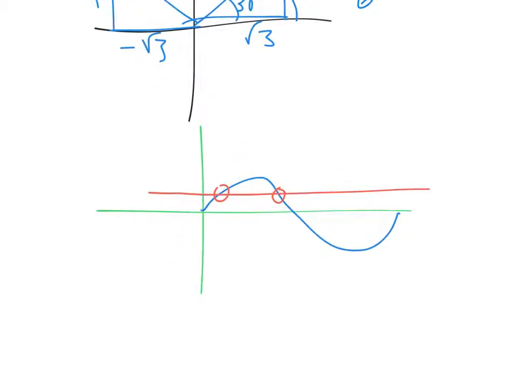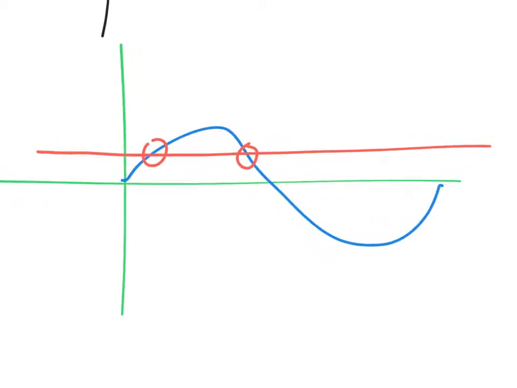So that means the graph, which used to go to here, is now going to get squished. And now there's going to be a whole bunch of answers. Let me show you. I'm going to make sure you really get this.